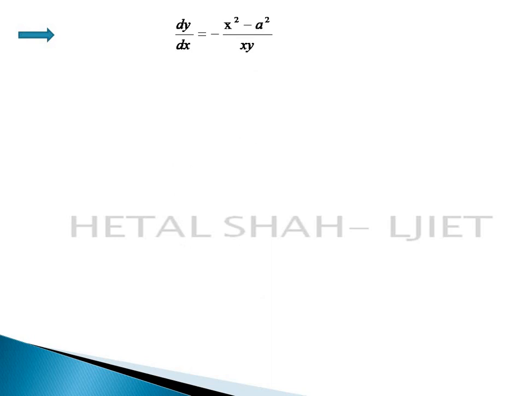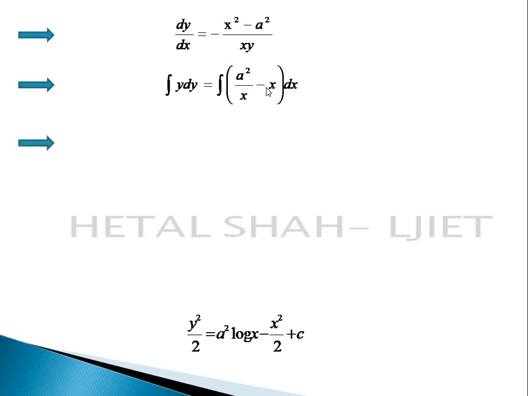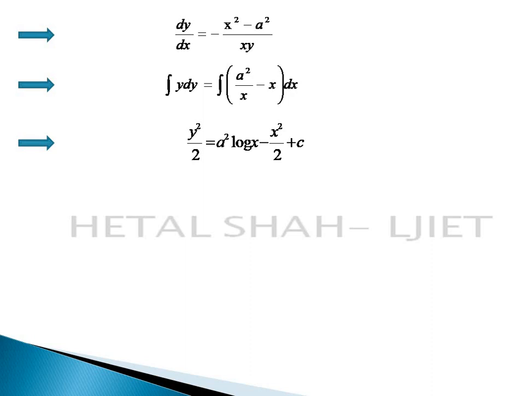Now we can write dy by dx is equal to minus x square minus a square upon xy. If we apply the variable separable method, so y dy and x square minus a square dx, both variables are separate, so integrating both sides, that is y square by 2 equals a square log x minus x square by 2.